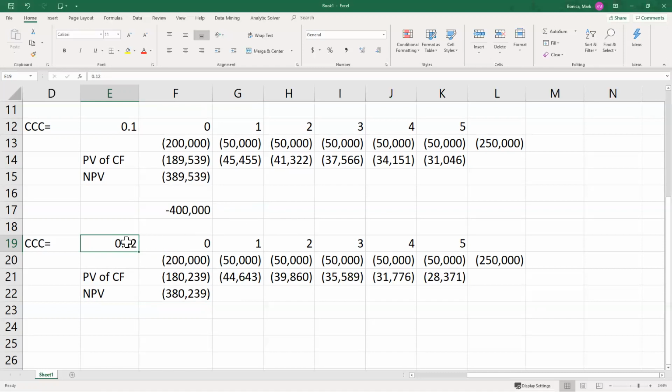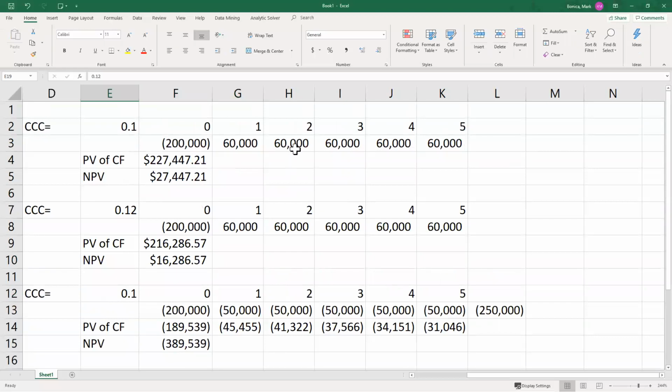And here, by raising the discount rate, it actually decreases the present value of the future cash flows. So when we do that, up here, where we had positive cash flows, raising the discount rate reduces the payoffs, right?